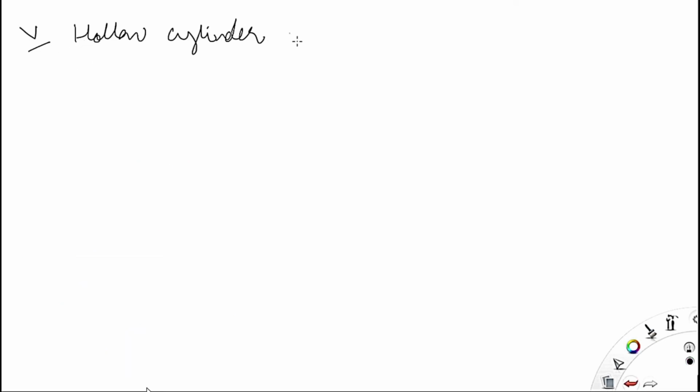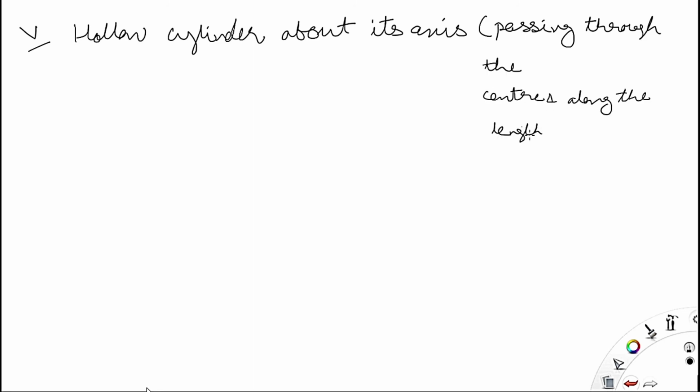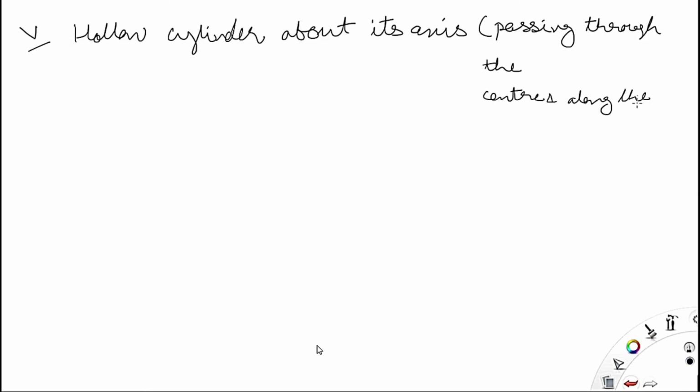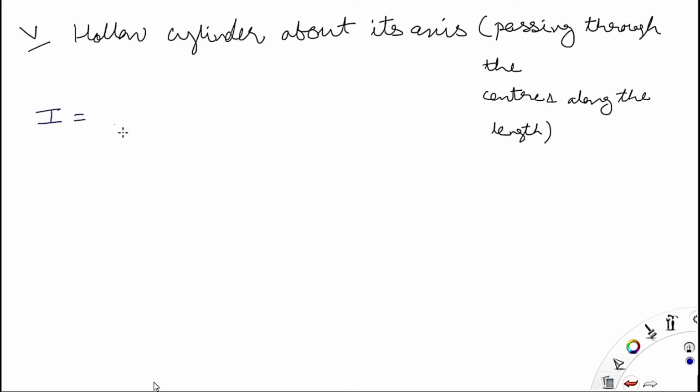Now hollow cylinder about the axis of rotation passing through the center and along the length. No, here we get MR square.